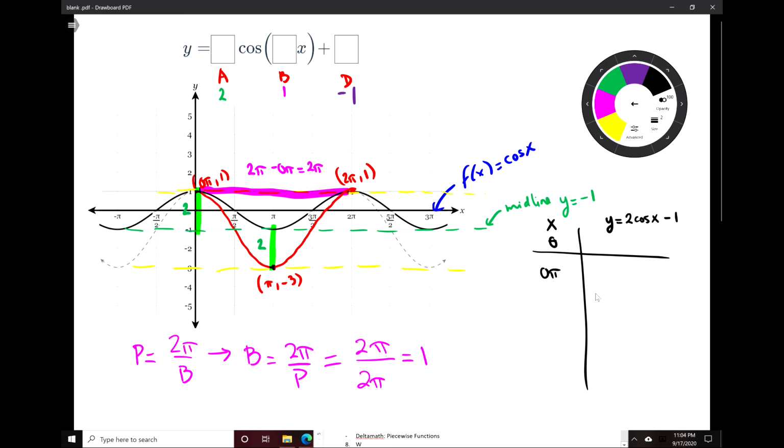Then at 0 pi I will have y equals 2 cosine 0 pi minus 1, and if you evaluate this, you get 1. And for the second one I will try with the -2.